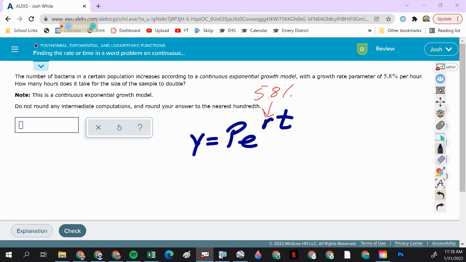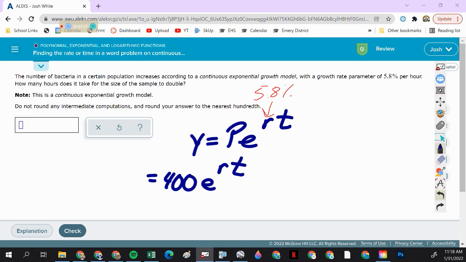Turns out it doesn't matter, right? If you started with 8, then double would be 16. If you started with 10, then the double would be 20. So it doesn't matter what you start with. The end is going to be twice as big. So just for fun, let's say we start with 400 bacteria.